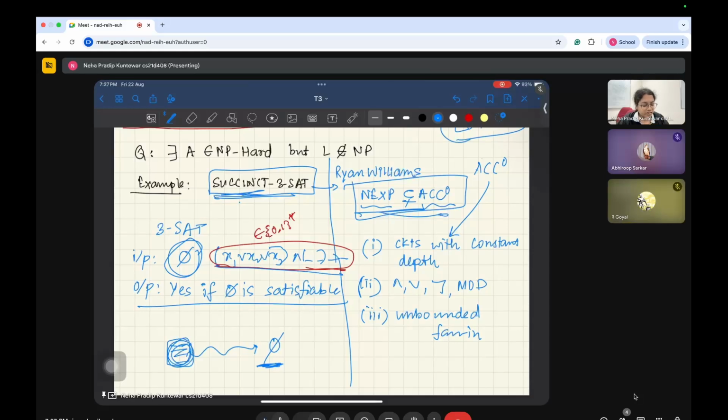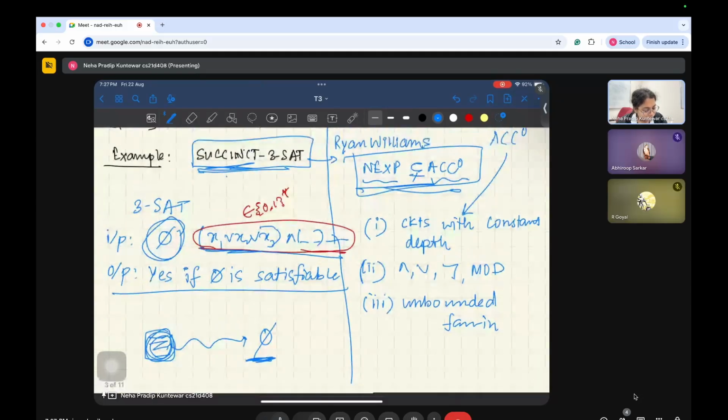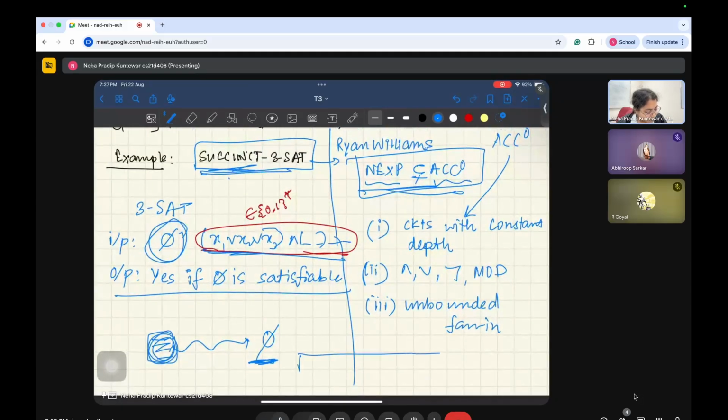Exactly. So one way to do that would be this. I know that there are m many clauses. I'll imagine it as m blocks of some length. Within each block, I want to tell what variables are there. It could be x1 to xn, or it could be x1 bar to xn bar.